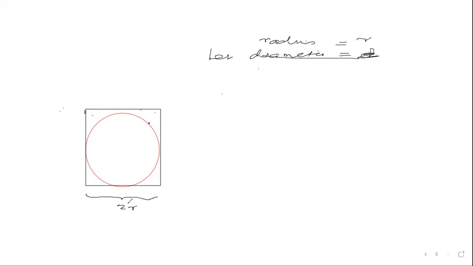So the area of the square is equal to 4R squared. Now we need to compare that with the area of the circle. The radius of the circle is R, so the area of the circle is pi R squared.